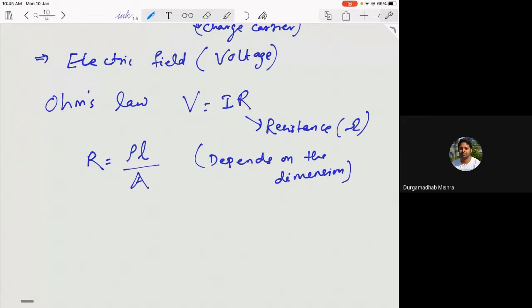Rho is the resistivity, which doesn't depend on the material dimension. So you can compare different materials having different resistivity, because it doesn't depend on the dimension of the material. The unit is normally ohm centimeter or ohm meter. This is the resistivity.